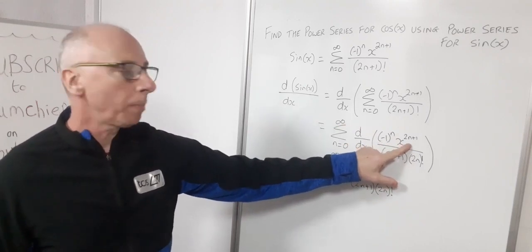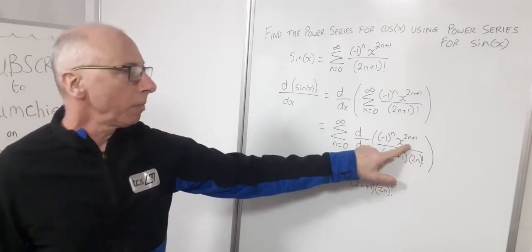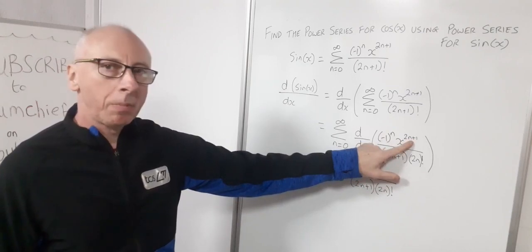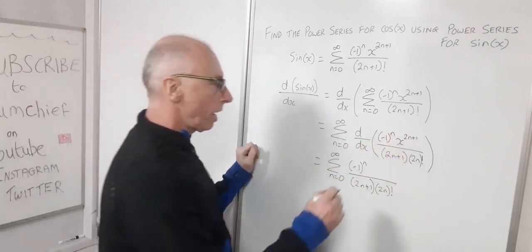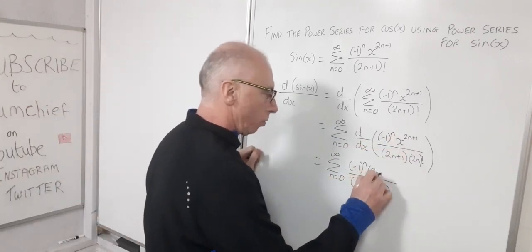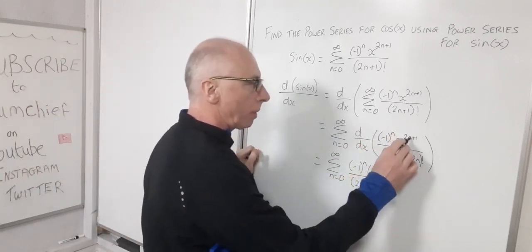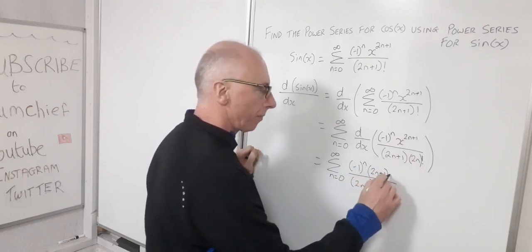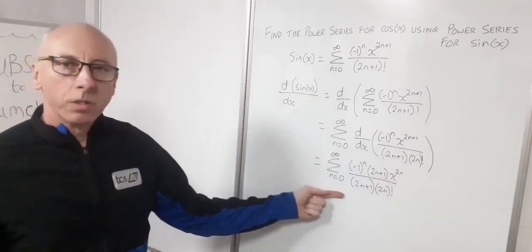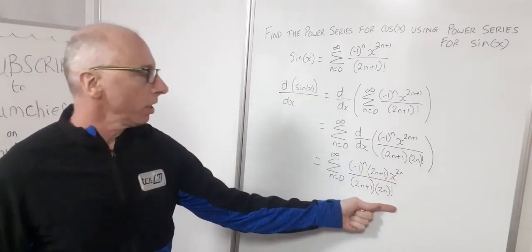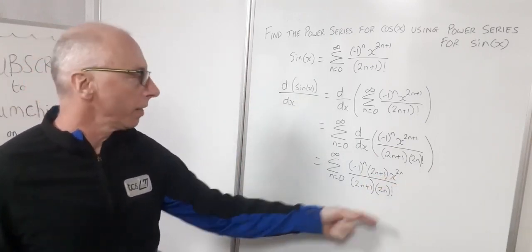Now if we apply the power rule to this, remember the power rule: we drop the power by 1 and the original power we bring out to the front. So now we've got 2n plus 1, and then dropping this power by 1, we're just left with 2n. Now we can simplify this, and this should give us the power series for cosine.